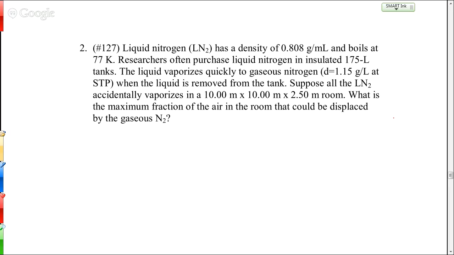Remember that the 175 is in liters, and the density is in grams.